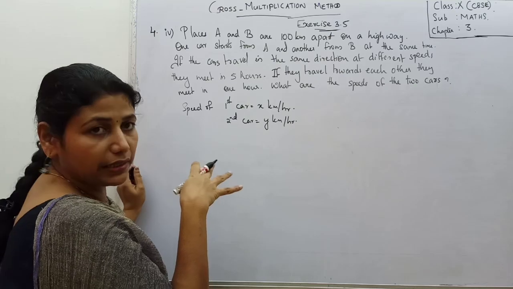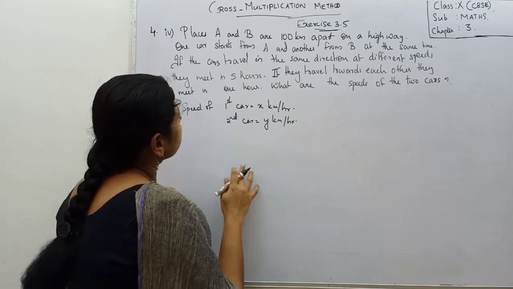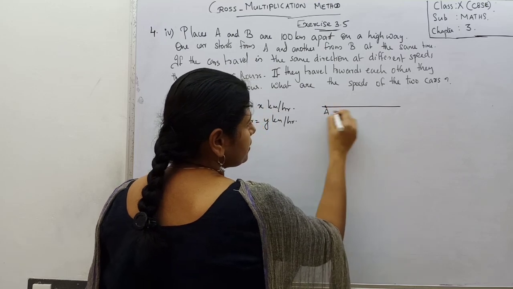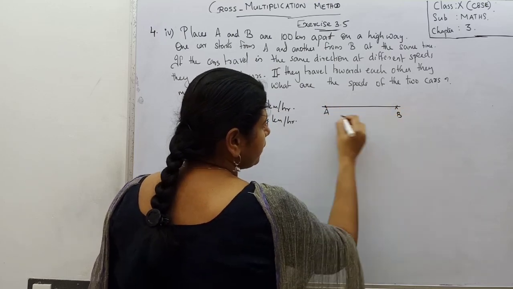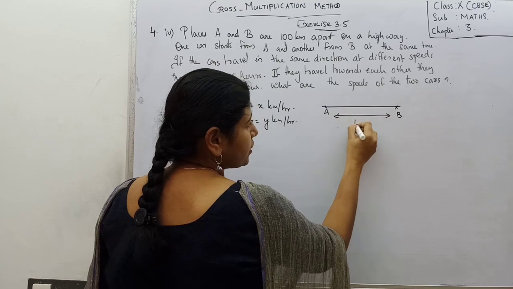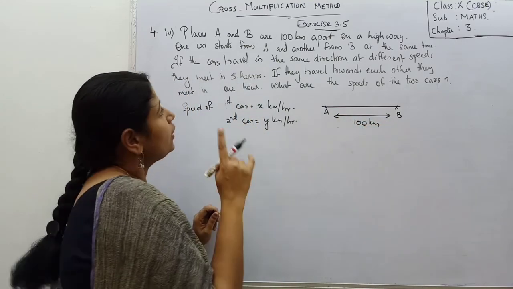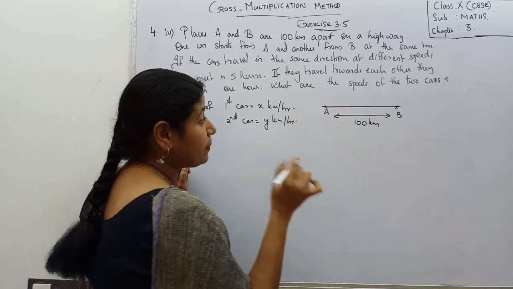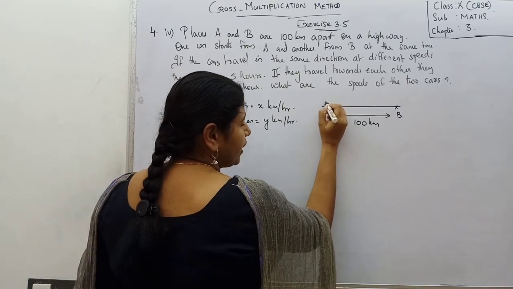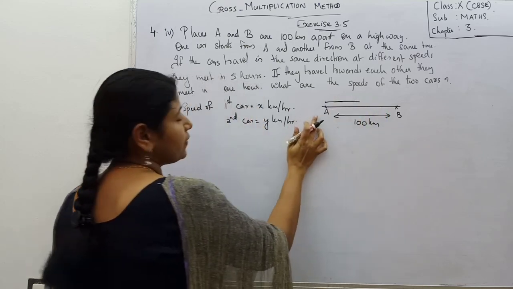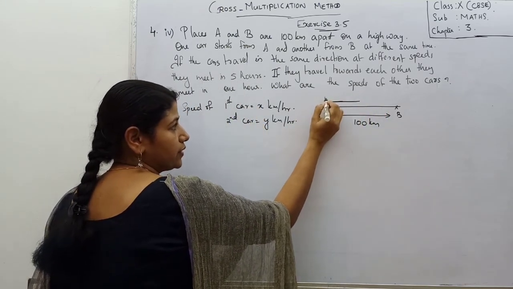Now we want to make the linear equations. For that we are going to consider the two places A and B. If this is A and this is B, the distance between these two is 100 kilometers. A and B are 100 kilometers apart. If one car starts from A and is going in this direction, this is the first car.